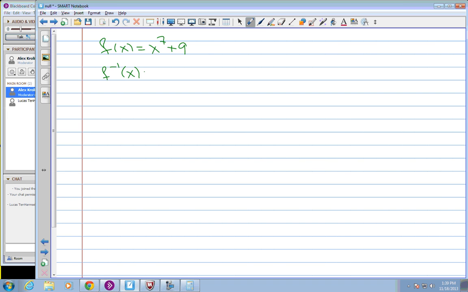After you do your process, you're going to end up with the 7th root of x minus 9, something like that. Well, you switch x's and y's, and then you solve for y. So you have to subtract 9 and then take the 7th root.